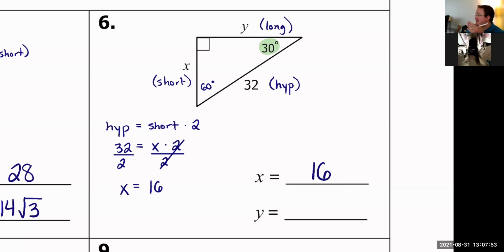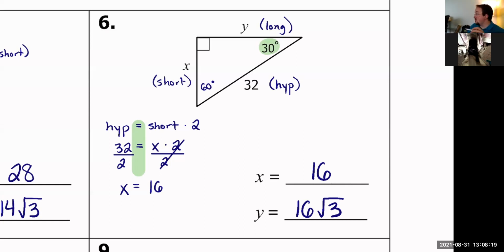And now we're in business because if you know the short leg, you can figure out everything else. The long leg is just the short leg times the square root of 3. I haven't written it down anywhere explicitly, but I probably should.